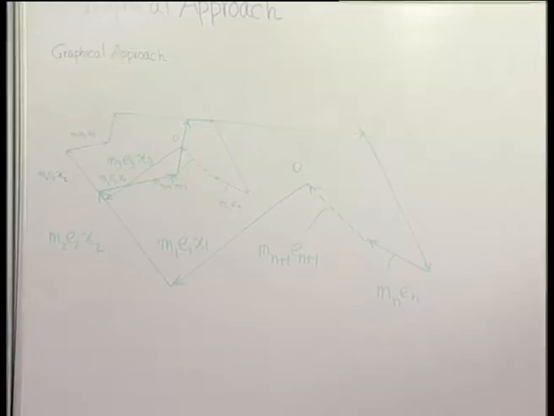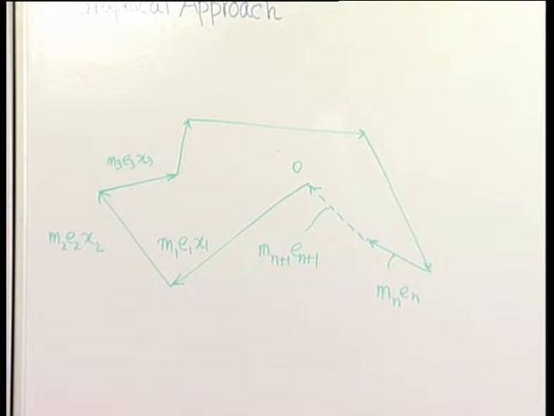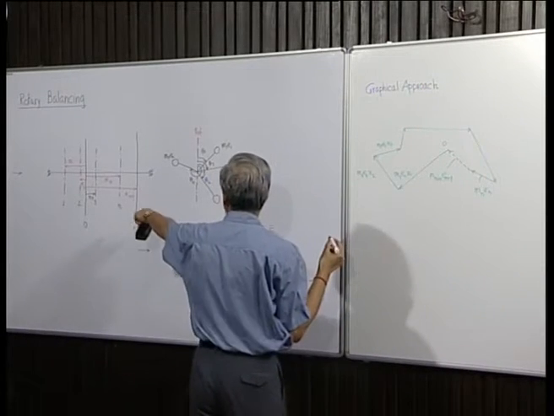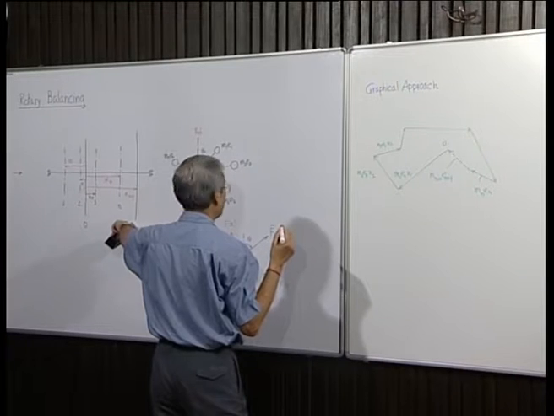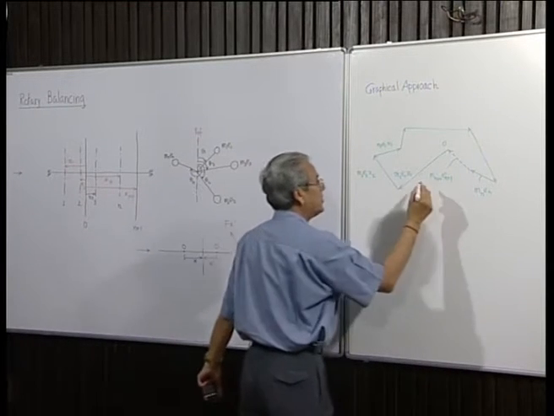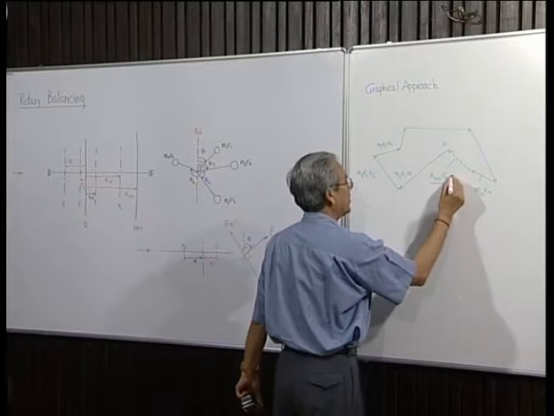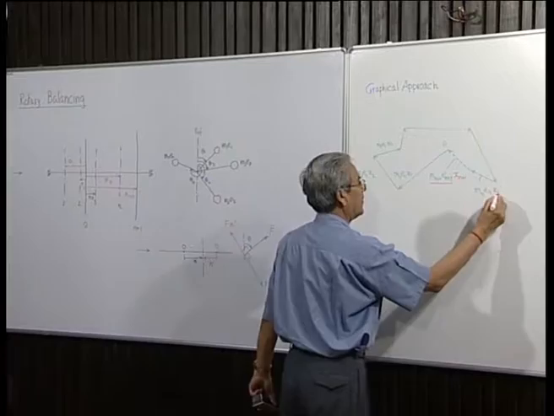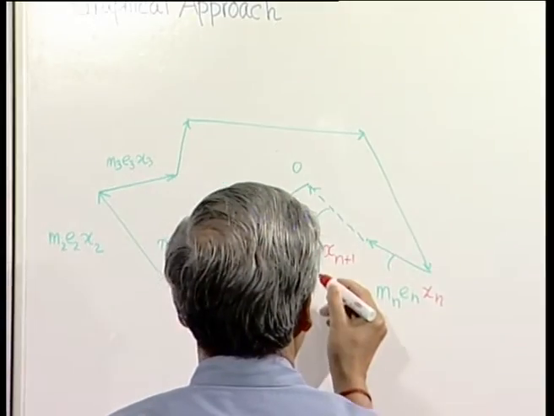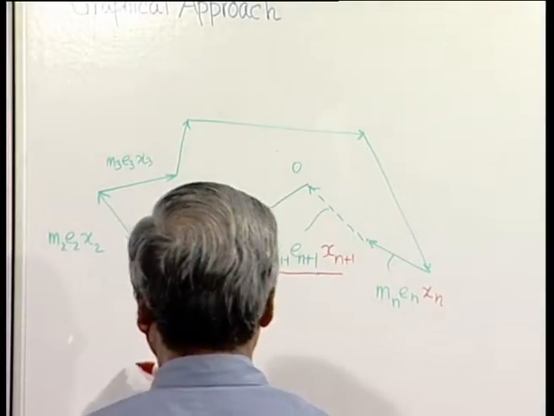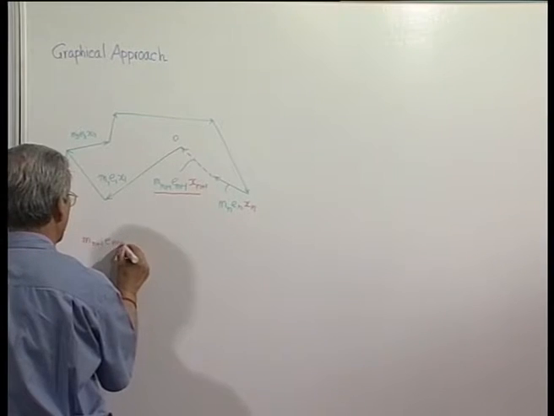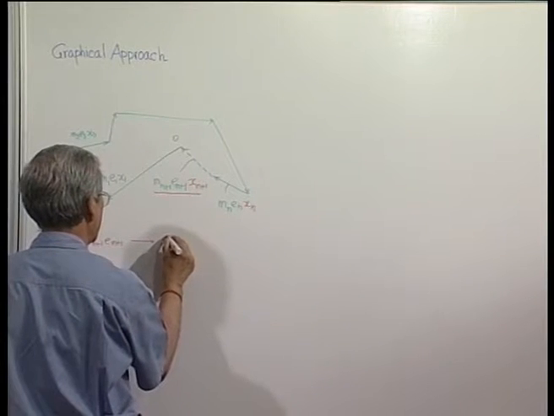So, what we have got is this, that we have got the magnitude and direction of the couple which needs to be generated by the balancing mass placed at n plus 1. So, magnitude is given by this, sorry. So, since the magnitude is known, M n plus 1 E n plus 1 is determined.